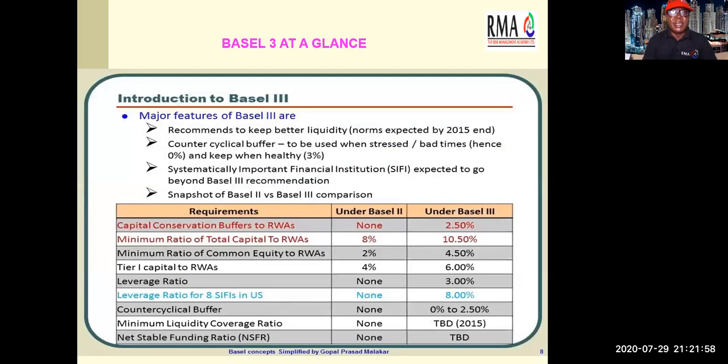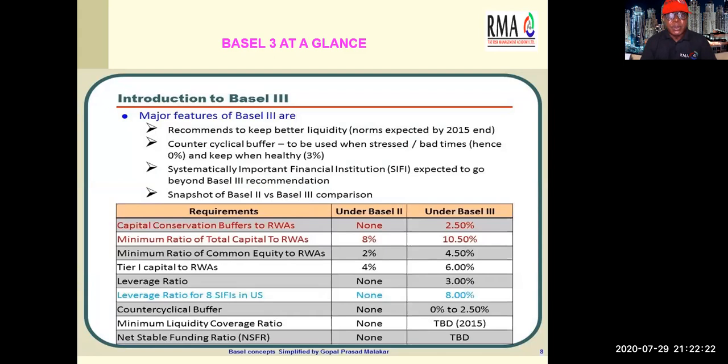You will find the difference between the Basel II and the Basel III capital accords. The first is the capital conservation buffer to risk-weighted assets. You find that that was not in existence under the Basel II Accord. Now, that ratio is put at 2.5%.